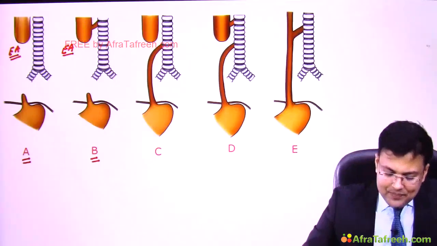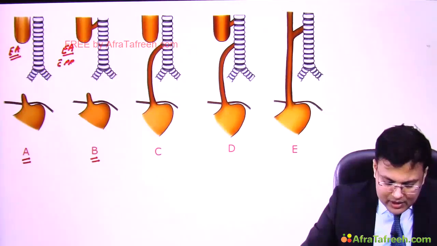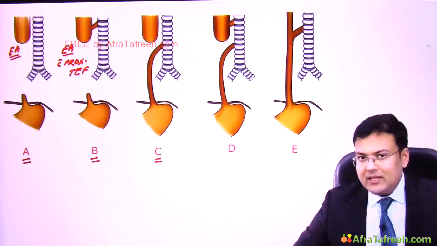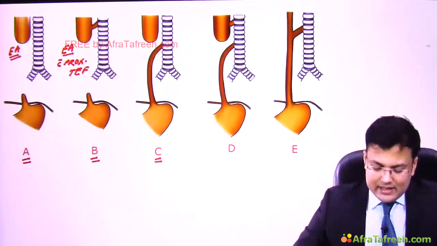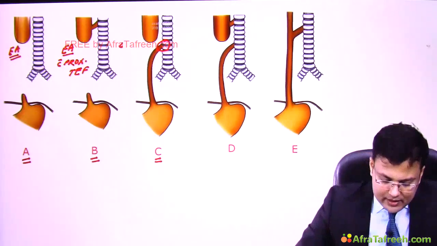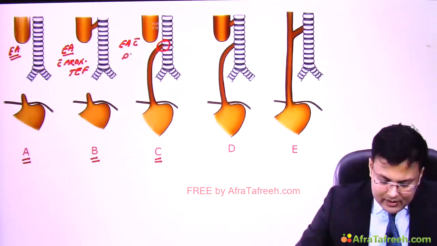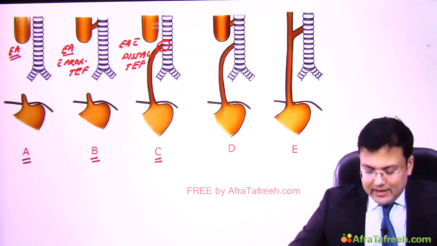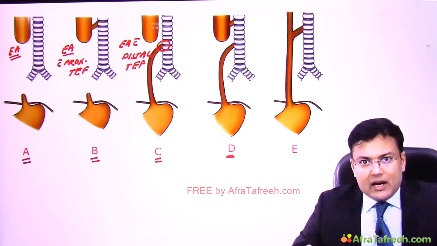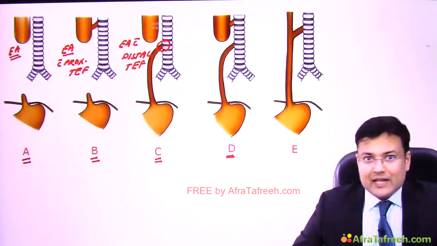So what is type B? This is esophageal atresia with proximal tracheoesophageal fistula. In type C, there is esophageal atresia with distal tracheoesophageal fistula. And in type D, there is esophageal atresia with both proximal as well as distal fistula.